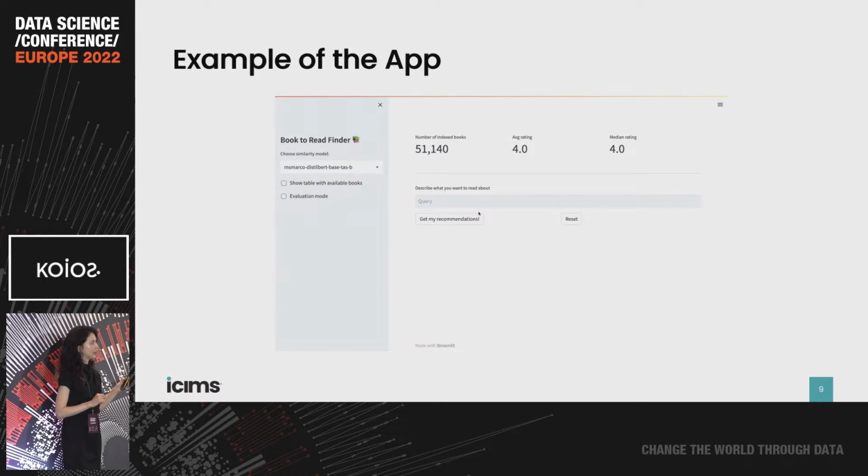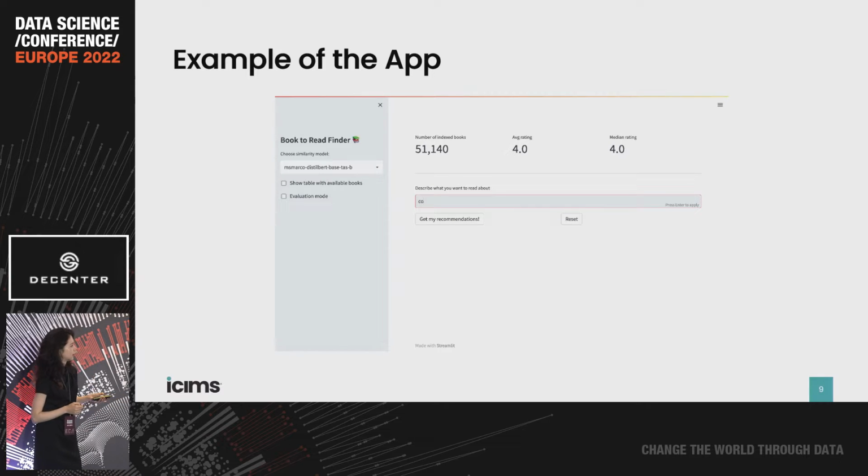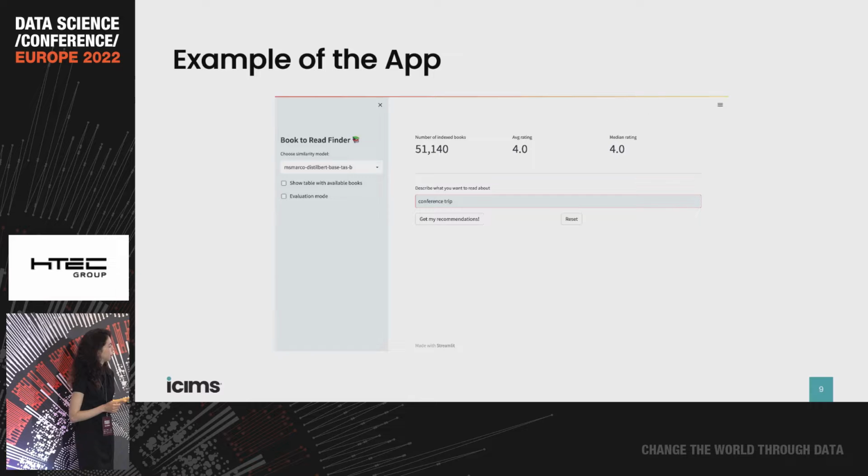But there are 50K top books, with rating, title, and description. And here we enter that we want to find a book about a conference trip. I'm not sure it exists, but it showed some results, which maybe fit.